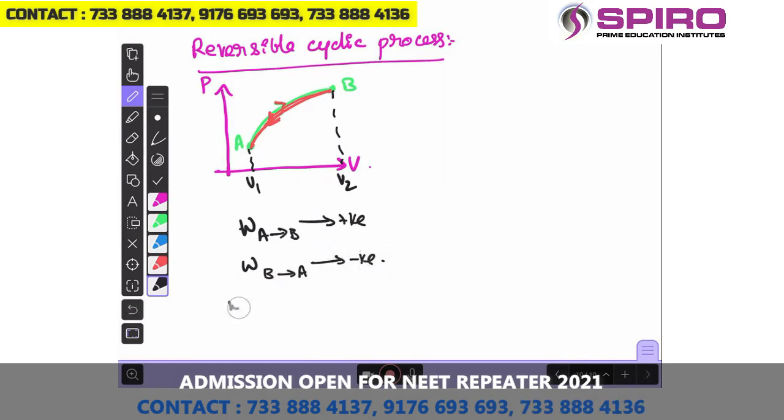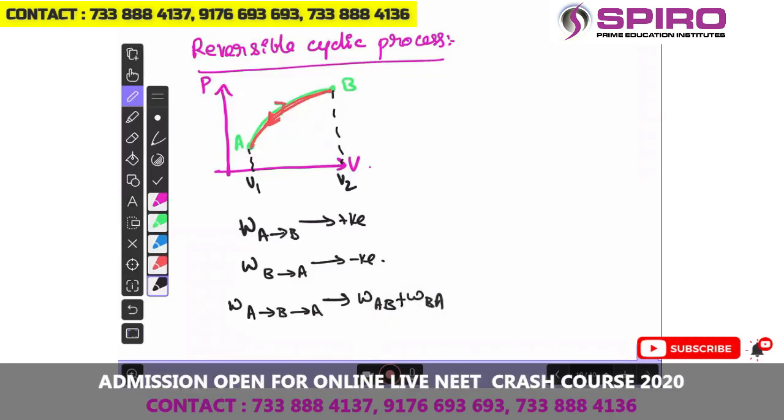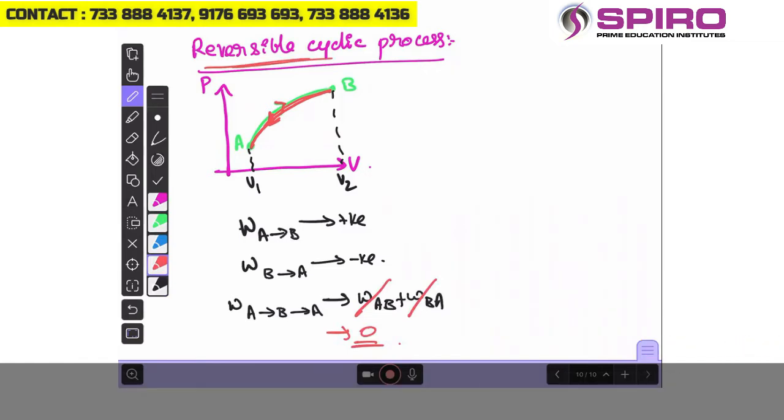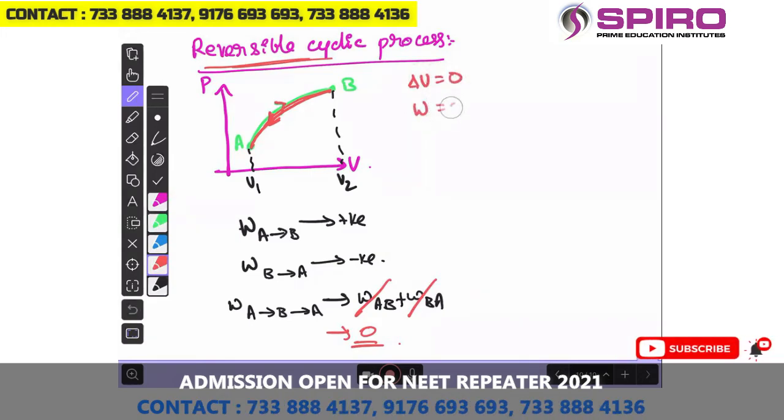The net work done from A to B and then to A is the work done from A to B plus the work done from B to A, and exactly these two are the same. That's why the net work done will be 0 in the case of a reversible cyclic process. So the net internal energy change will be 0 and the net work done also will be 0 here.